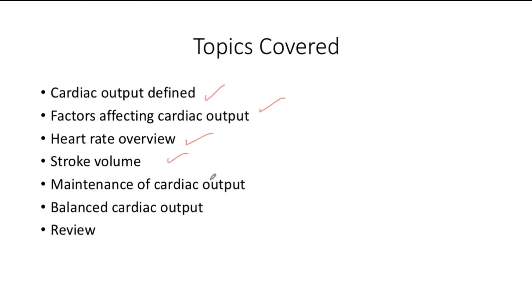And then we'll take a look at all the variables put together and map out how everything contributes. The last thing I want to discuss is the importance of having a balance in cardiac output, and then just review all the main topics.